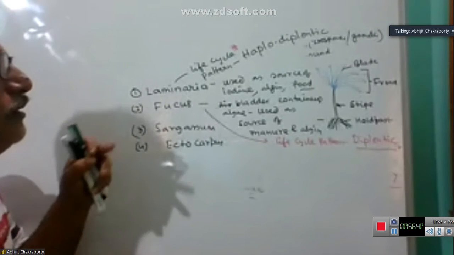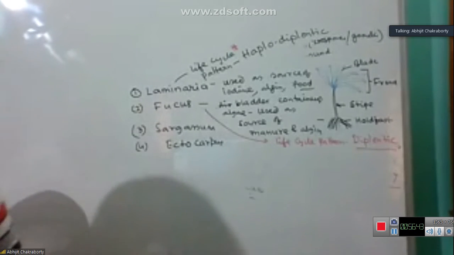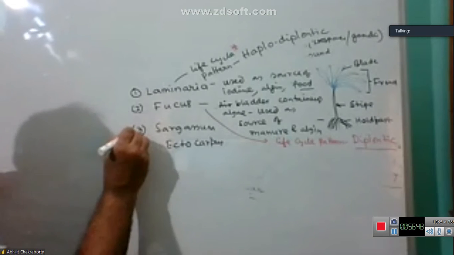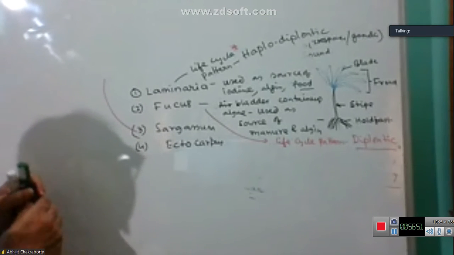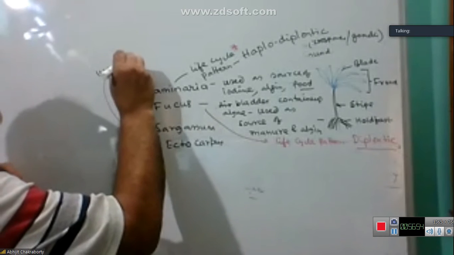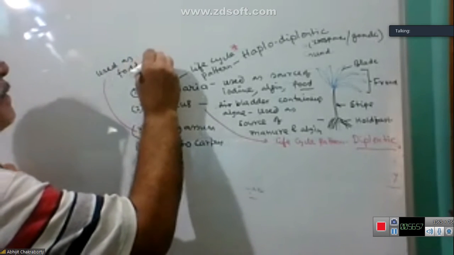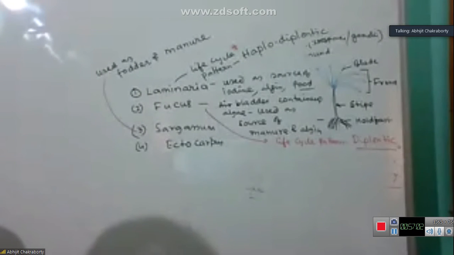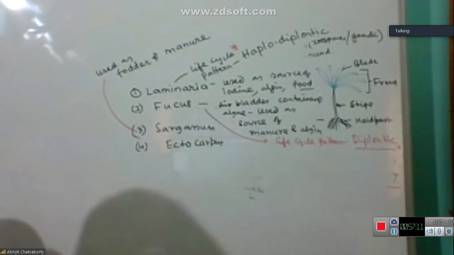Then the next one is Sargassum, used as manure mainly, and the next one is Ectocarpus. It is also used as fodder and food.